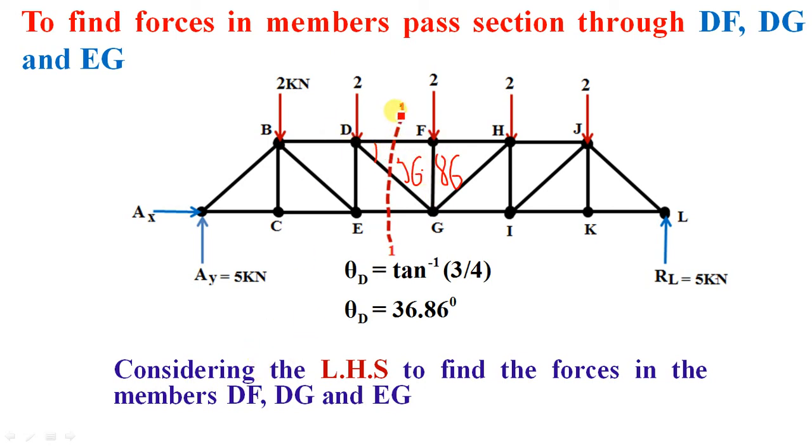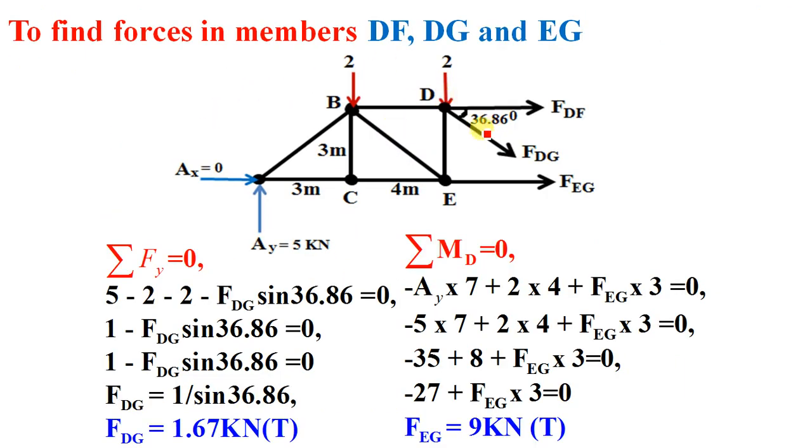Now consider the equilibrium of the left hand side of this section. Apply the condition of equilibrium. Summation of Fy is equal to 0. So plus 5 minus 2 minus 2. Now take the sine component of this. This is F of DG sine of 36.86.